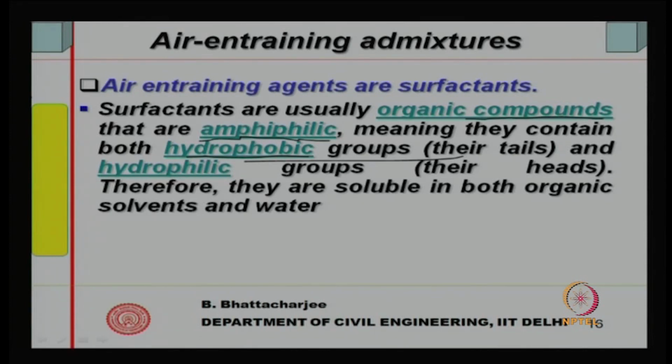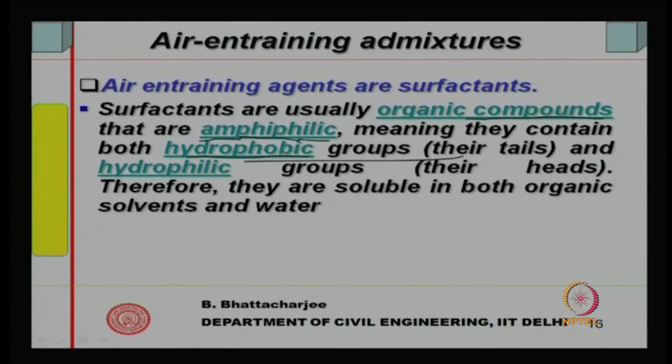So, the tails are hydrophobic and the head is hydrophilic.